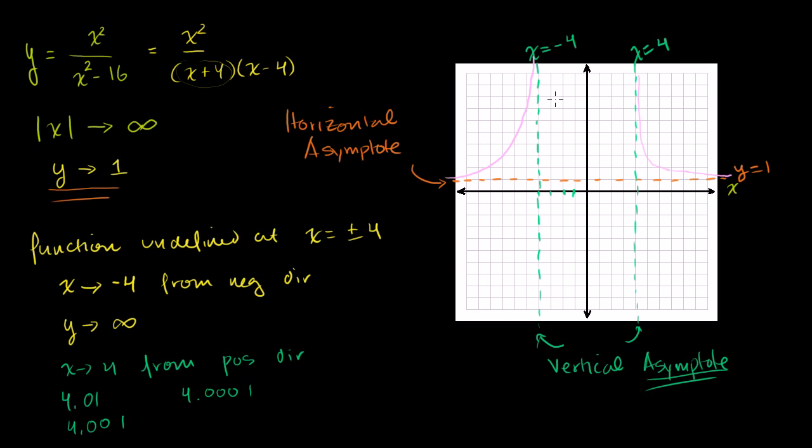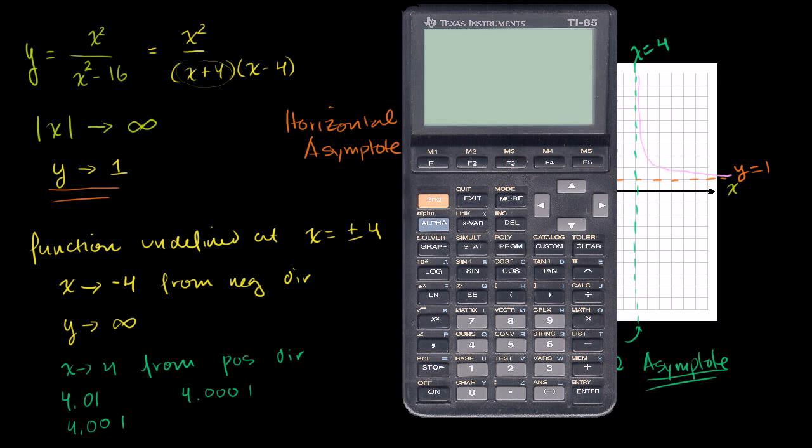And then we could think about what's happening to the graph inside of here. You could think of it in a couple of ways. Let's say, what happens as x approaches 4 from the negative direction? So let's try that out. What happens if you do 3.9 squared divided by 3.9 squared minus 16? You get negative 19.25.